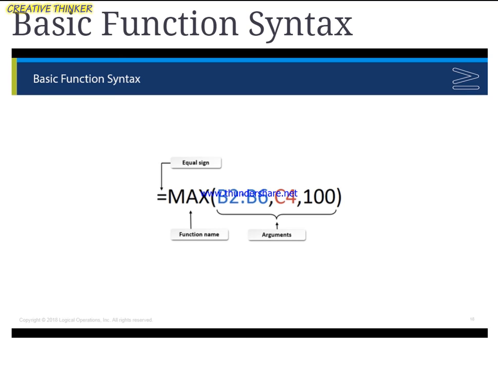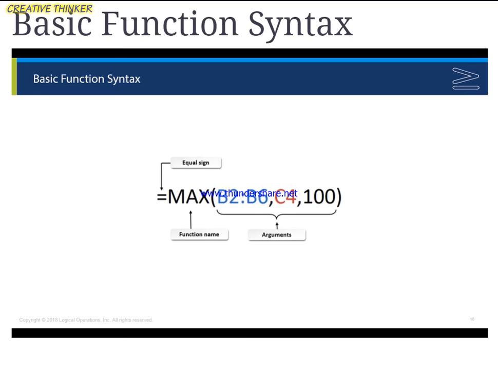So sum, max, min, average, those are the ones that we've seen. And then in parentheses, you have the arguments. Functions can have both required arguments as well as optional arguments. The optional arguments are always noted in the syntax by using brackets. So if something's in square brackets, then it's an optional argument.